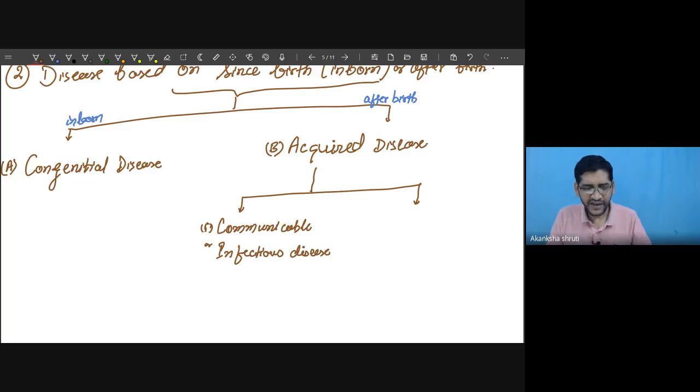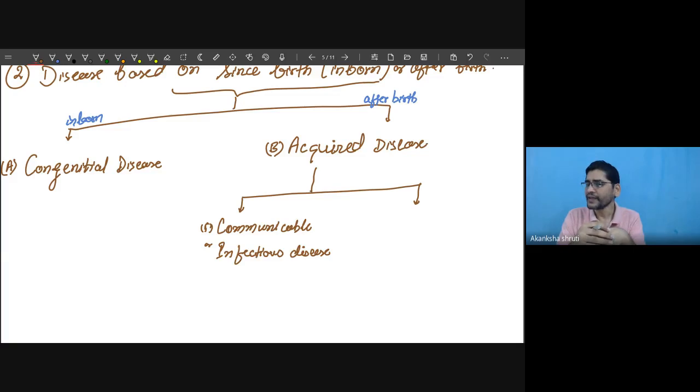The other one is non-communicable, which occurs because of lack of nutrition in the body part itself. Getting it? Like diabetes. If you come in contact with a person having diabetes, the diabetes will not occur to you. And diabetes is also not by birth.